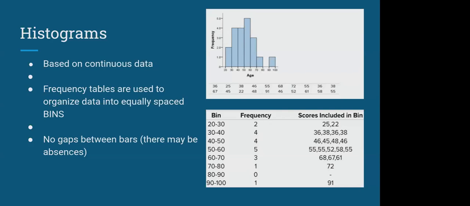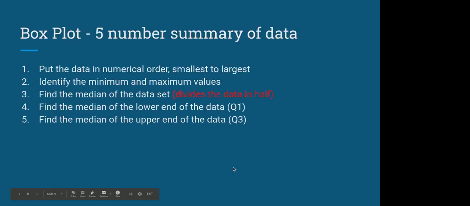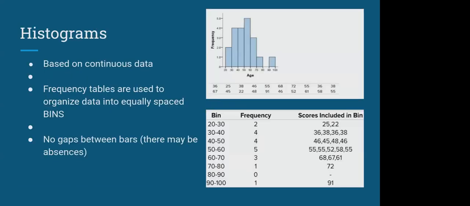And again, there are no gaps between the bars, but there may be absences. So we can see from our frequency table that there is going to be an absence in the 80 to 90 interval, because there are no ages between 80 and 89.